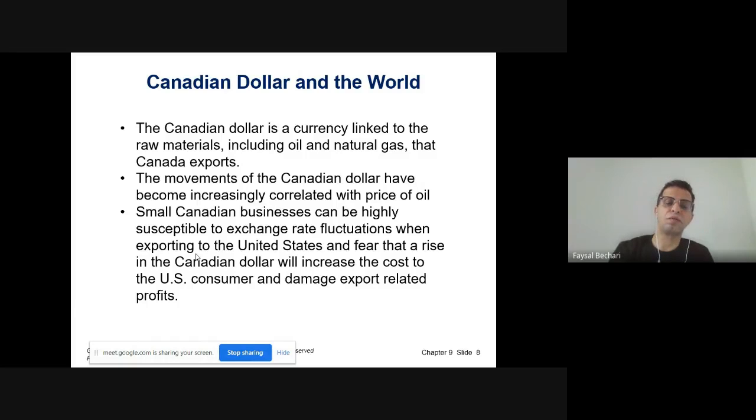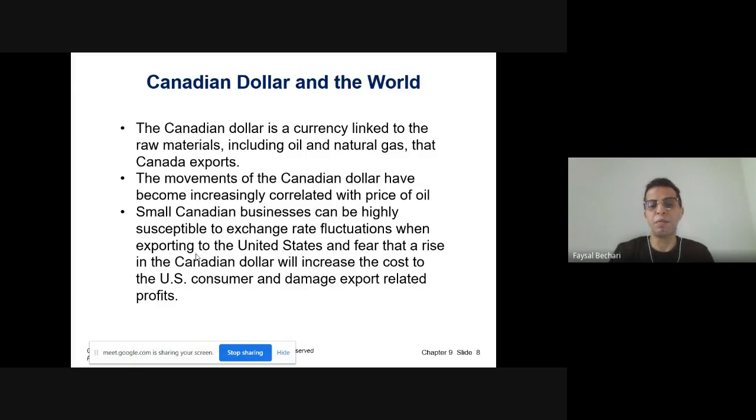The reason the Canadian dollar goes up and down is that its supply goes up and down. If Canadians are buying more goods and exchanging their Canadian dollars for other currencies, there are many Canadian dollars in the market. But if they're buying less than they're exporting, then there are not many Canadian dollars in the market, so the price of the Canadian dollar goes up.